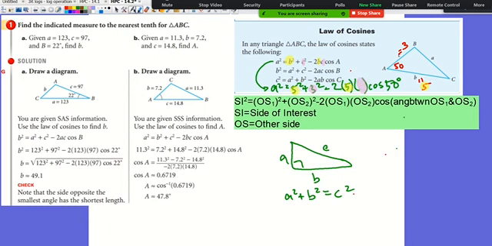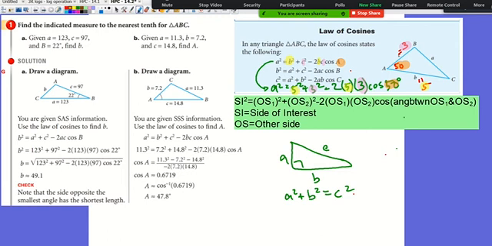Pink, and let's go with 3. Cosine of 50, let's dip that in orange. Look at how I plug those in. That's the hardest part, plugging it in.